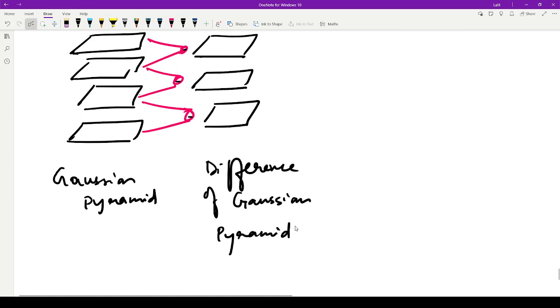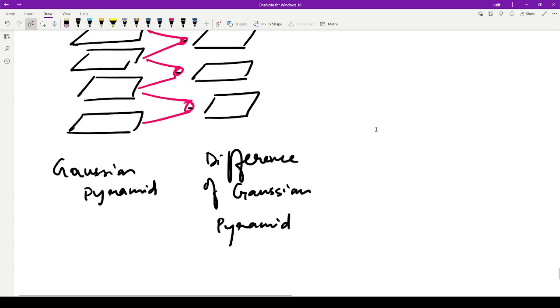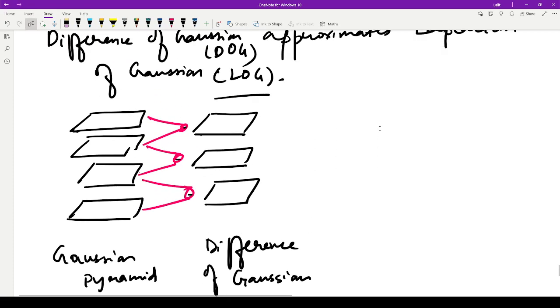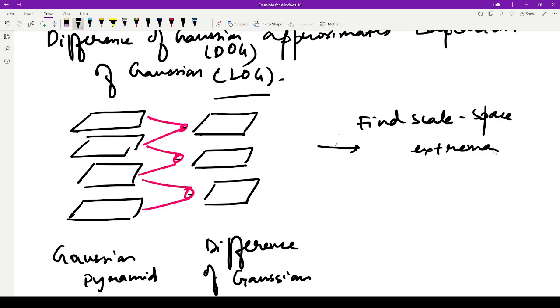And then what you need to do? You need to find the scale space extrema. Extrema includes both minimum and maximum.